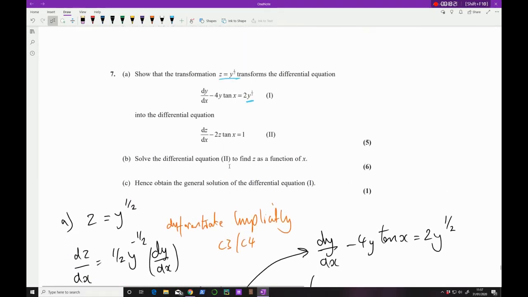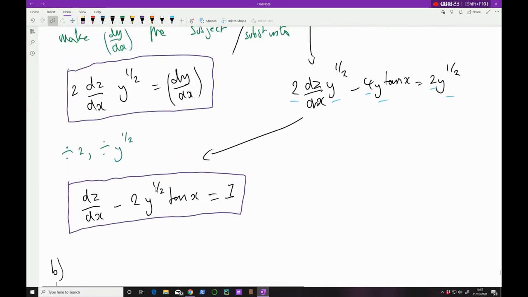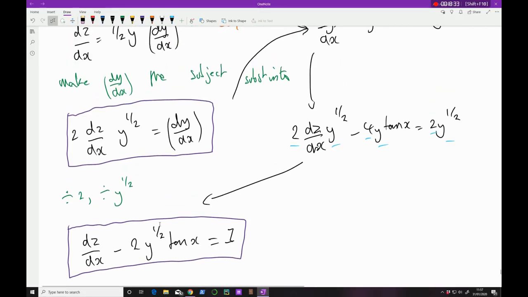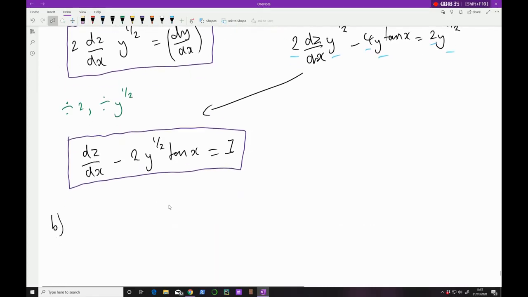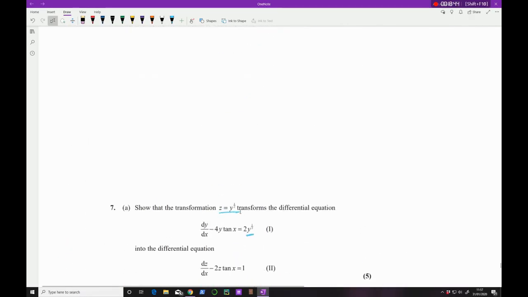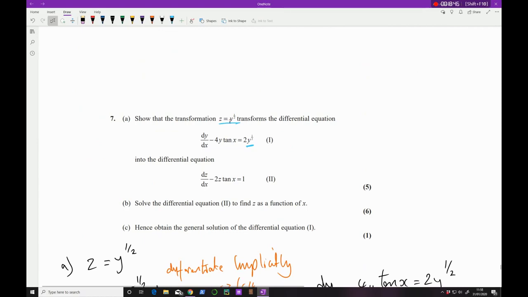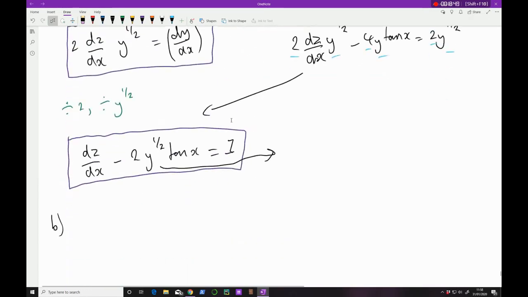Just to make sure, that's actually meant to have disappeared. So I need to change this y to the power of a half by using our transformation. So z equals y to the power of a half.